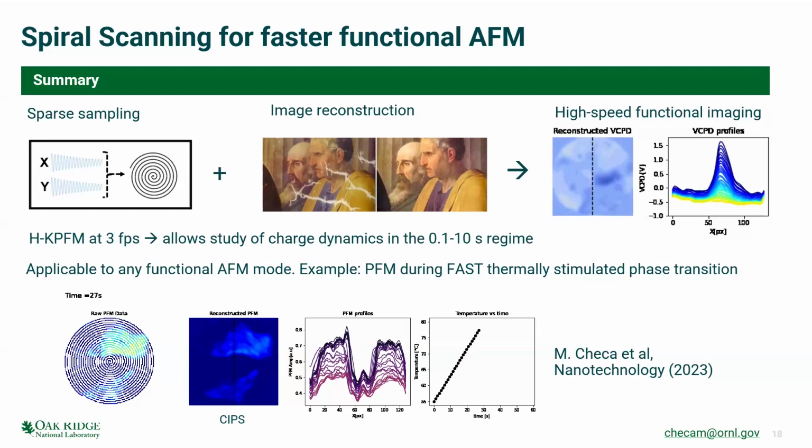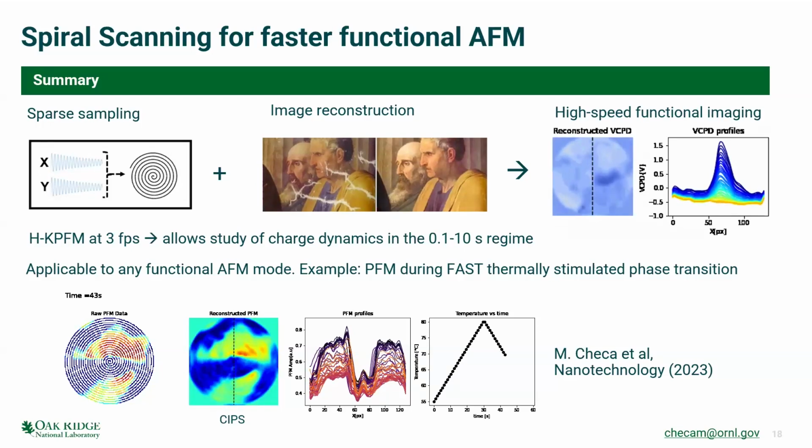And when I start cooling the sample again, the PFM contrast appears back. Then this allows us to play with rates of heating your sample that are not reachable if you need to do a full PFM scan after the change in the temperature.